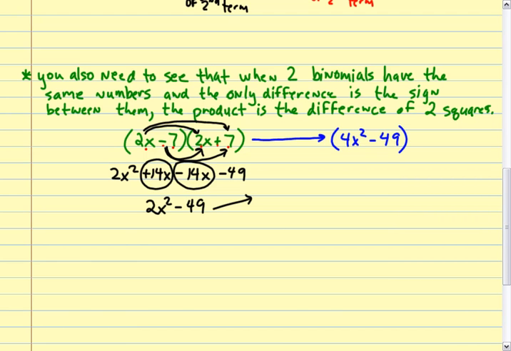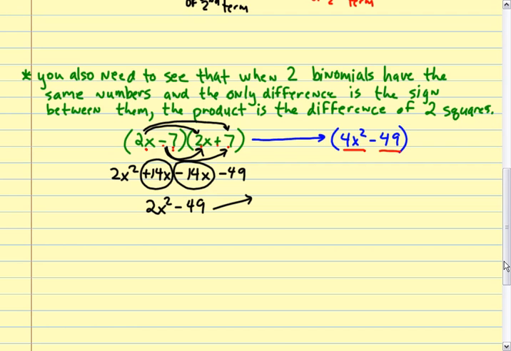Now the numbers are the same. We've got 2x's and we've got 7's. The only difference between them is the minus and the plus, okay? Now, I need to just know that when I see this, I'm going to get the difference of two squares. I square the first term, I square the second term, and I'm going to stick a negative between them. All right? Now, you can multiply it out.